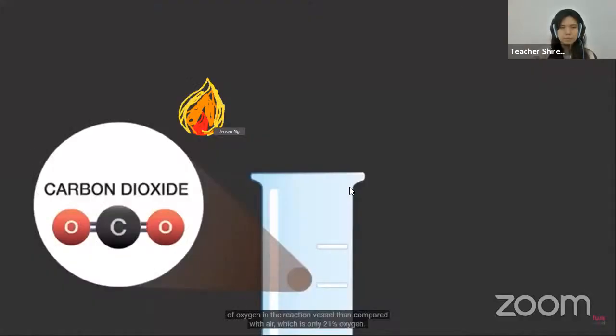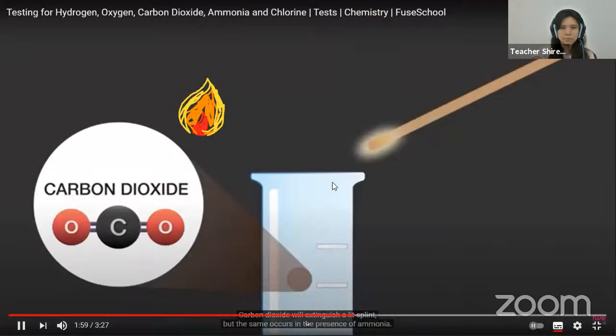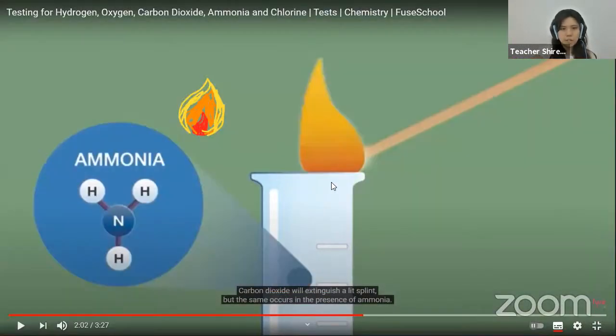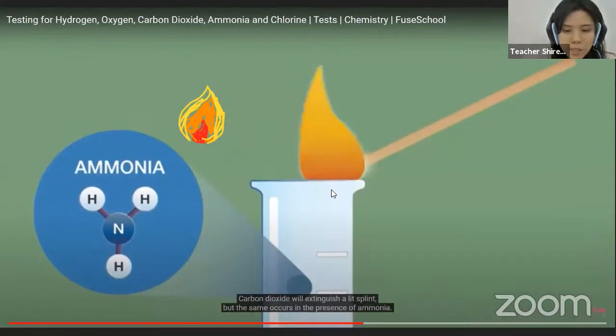Carbon dioxide will extinguish a lit splint, but the same occurs in the presence of ammonia. Carbon dioxide is the opposite of oxygen. Carbon dioxide will extinguish a lighted match.